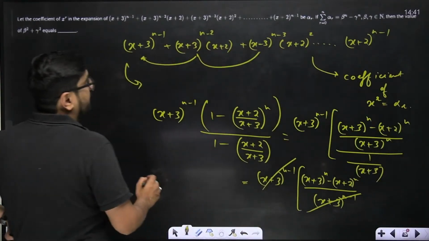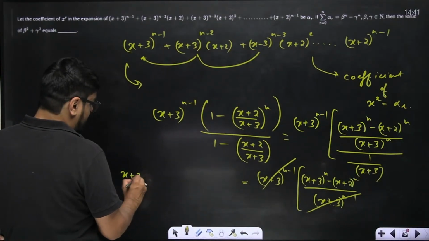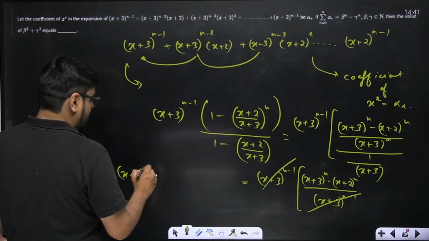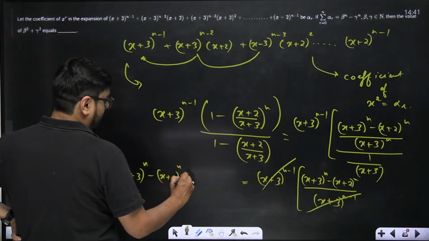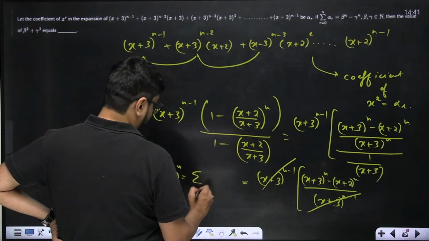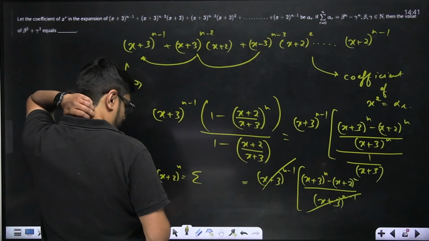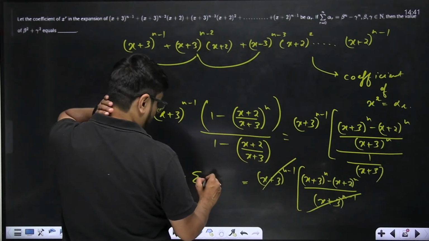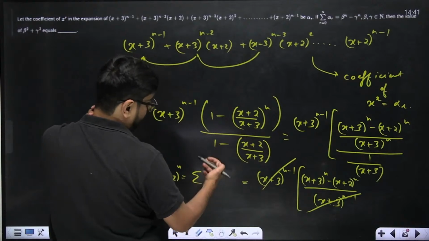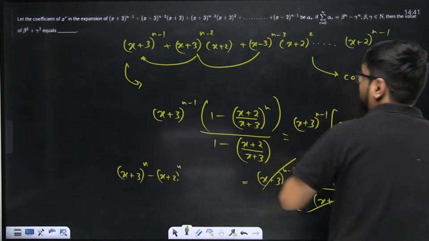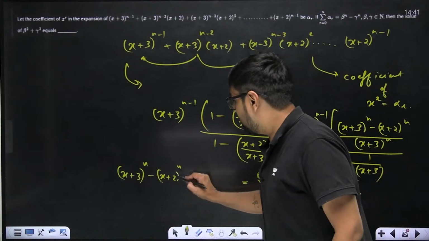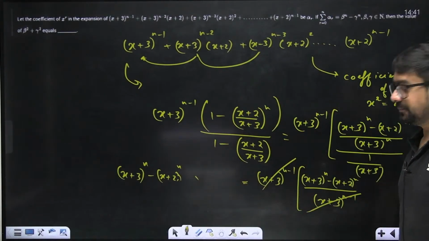So simply, that means your sum of GP is nothing but x plus 3 to the power n minus x plus 2 to the power n, which is equal to your sum of coefficients. This is your entire GP sum. That means this is your sum over here.